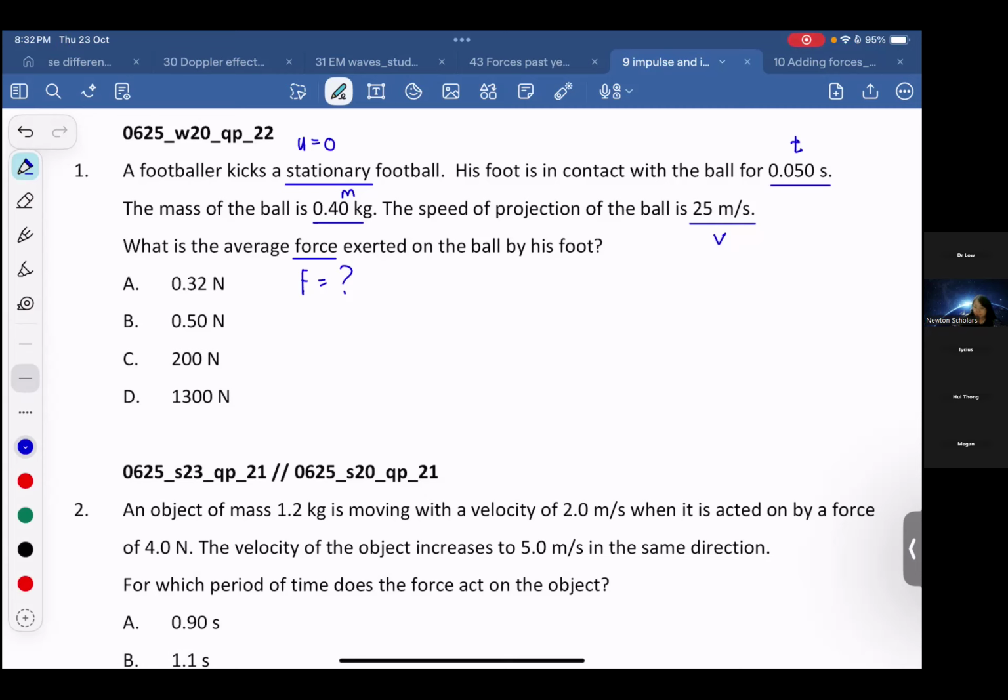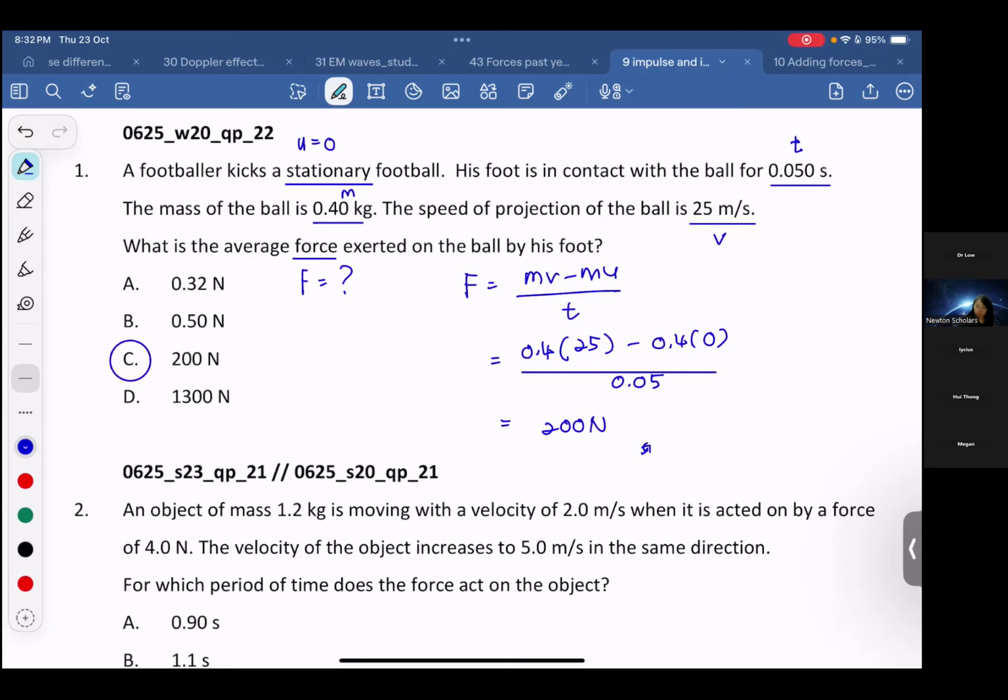Emery, correct. Okay, so F equals mv minus mu over t. Mass is 0.4. v, final, is 25, minus 0.4 times 0, divided by 0.05. So your answer is 200 Newton. Answer should be C. Good job.